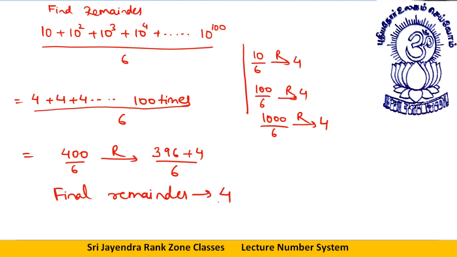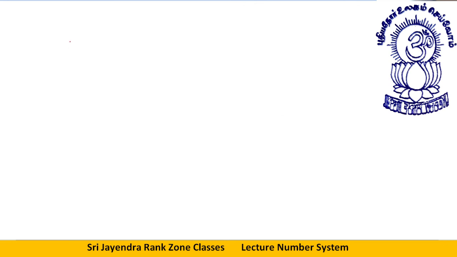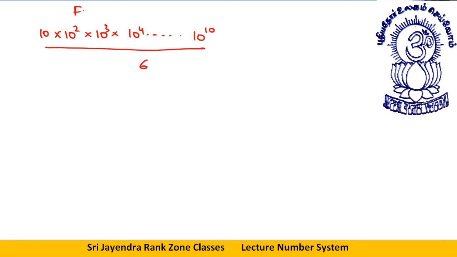Okay, dear students, let's move to the next one. If I take 10 into 10 square into 10 cube into 10 raised to power 4, and so on up to 10 raised to power 100, that will be too big, let's leave it. Up to 10 raised to power 10 divided by 6, find the remainder.